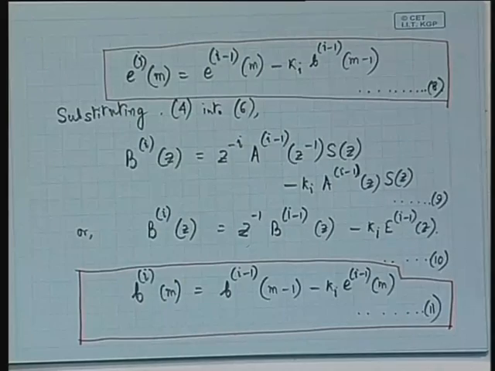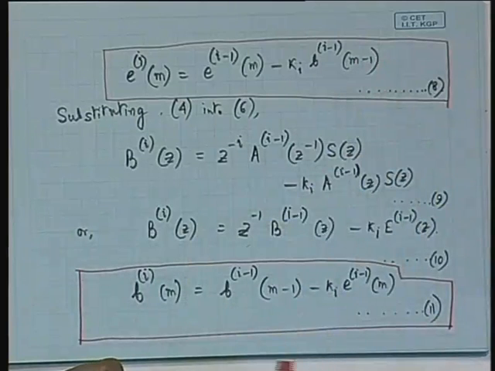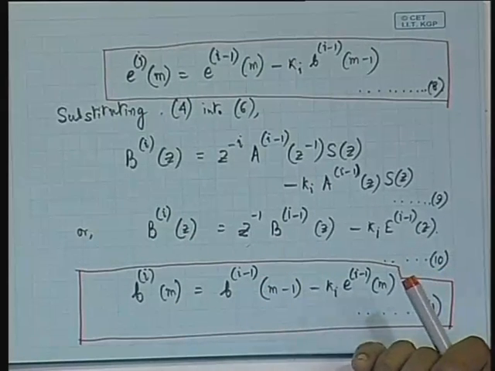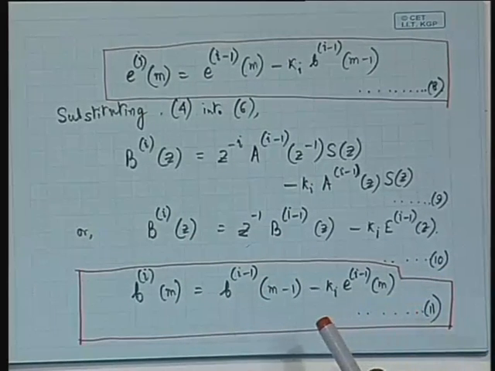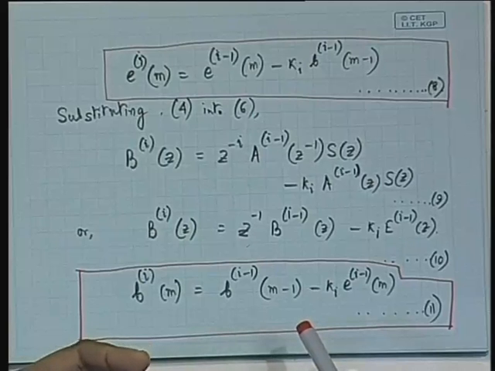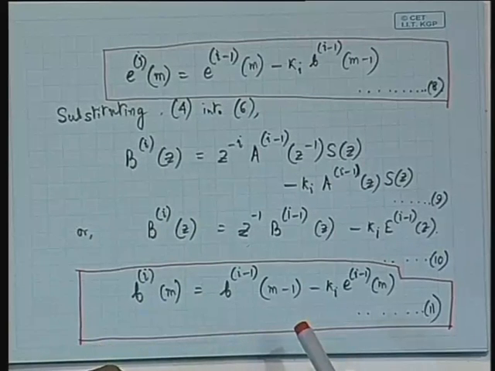The ith forward prediction is expressed in terms of the I minus 1th forward prediction and the I minus 1th backward prediction, and the ith backward prediction is expressed in terms of the I minus 1th backward prediction and the I minus 1th forward prediction. So again, this is a very nice iterative expression.